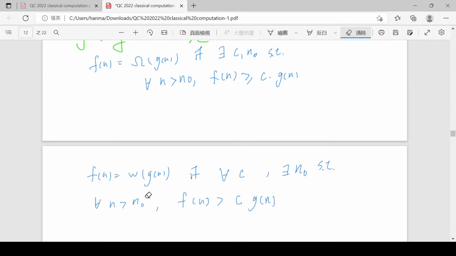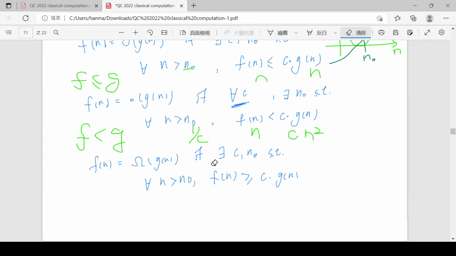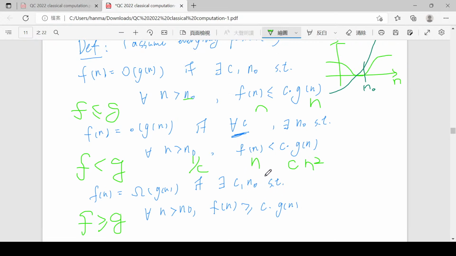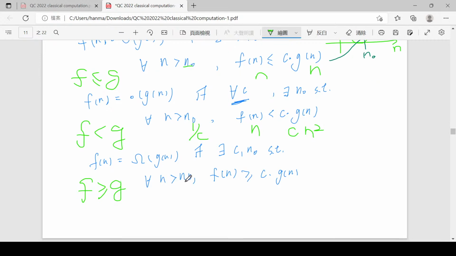Then big omega and small omega basically just reverse this. So big omega is kind of like f is greater than or equal to g. And in terms of the detail, you say that f of n is big omega of g of n if there exists also a constant c and another constant n naught, such that for all n bigger than n naught, f of n is greater than or equal to c times g of n.